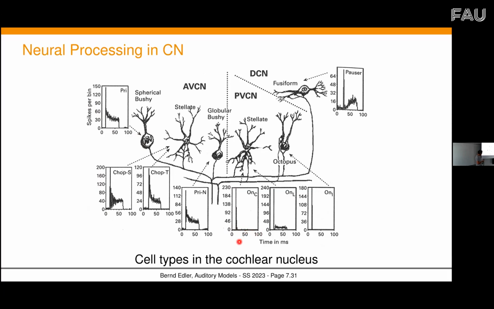So these would be onset cells, which signal that there's a sound onset somewhere. So you can see that there are some different kinds of behaviors in terms of time. There's a so-called pauser, which has first a spike or peak after the onset, and then there's a pause, and then there's increased activity after a certain delay.